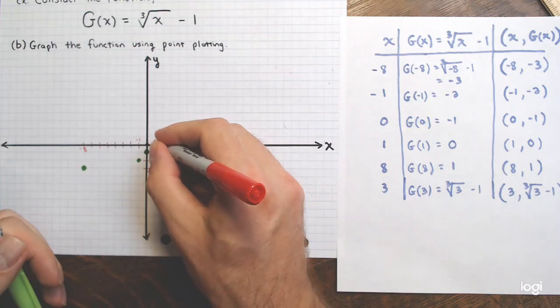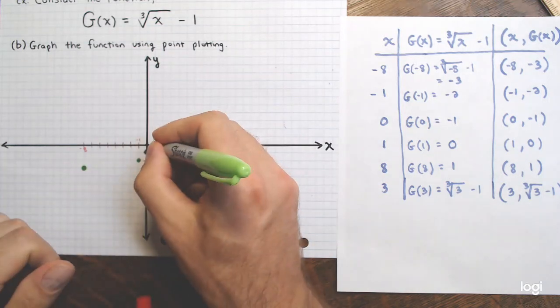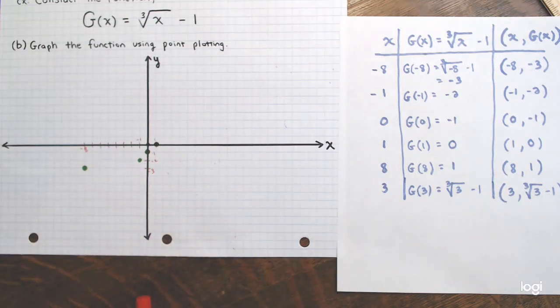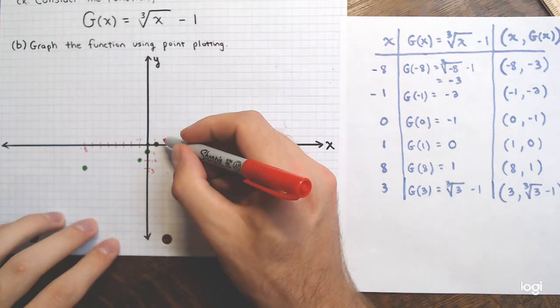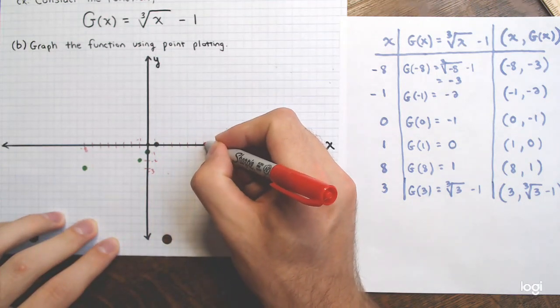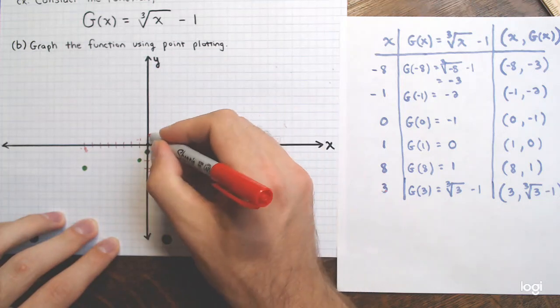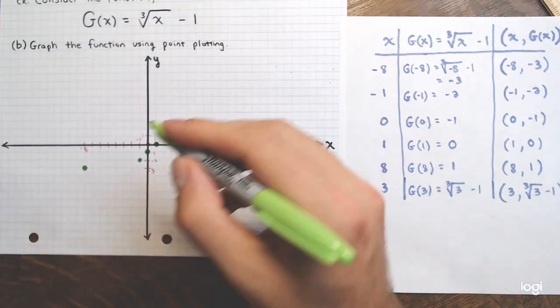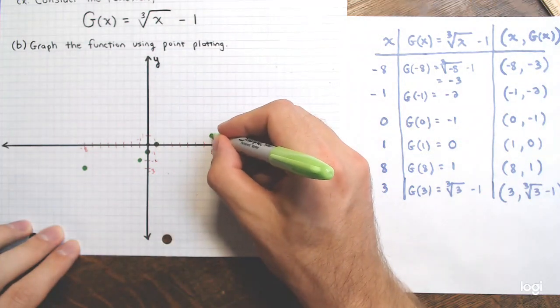Right? 0 coordinate for the y. So 1 for the x, 0 for the y. All right, and then 8, 1. So 1, 2, 3, 4, 5, 6, 7, 8. 8 for the input, 1 for the output. And that's this location right here.